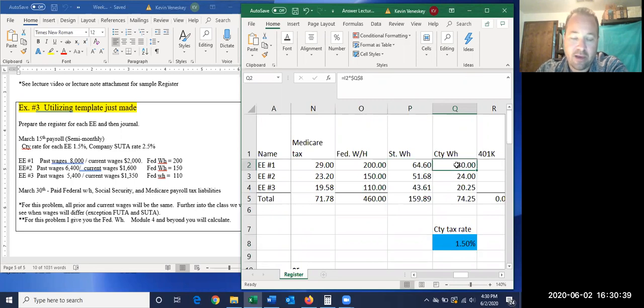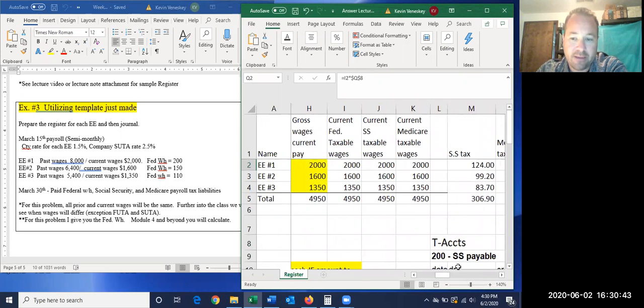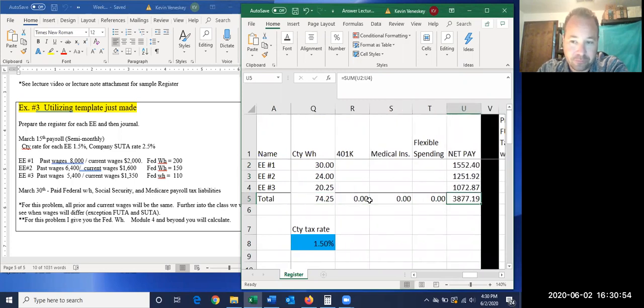And then this should have calculated it by saying federal wages, column I, times 1.5%, is $74.25. And finally, we get to our net pay because we don't have anything else taken out of our check. And check these to see if you got these correct.